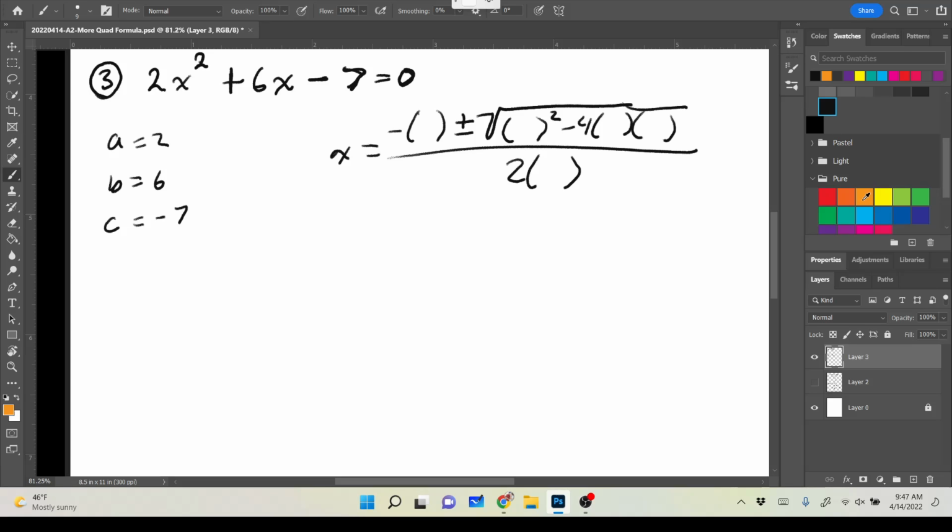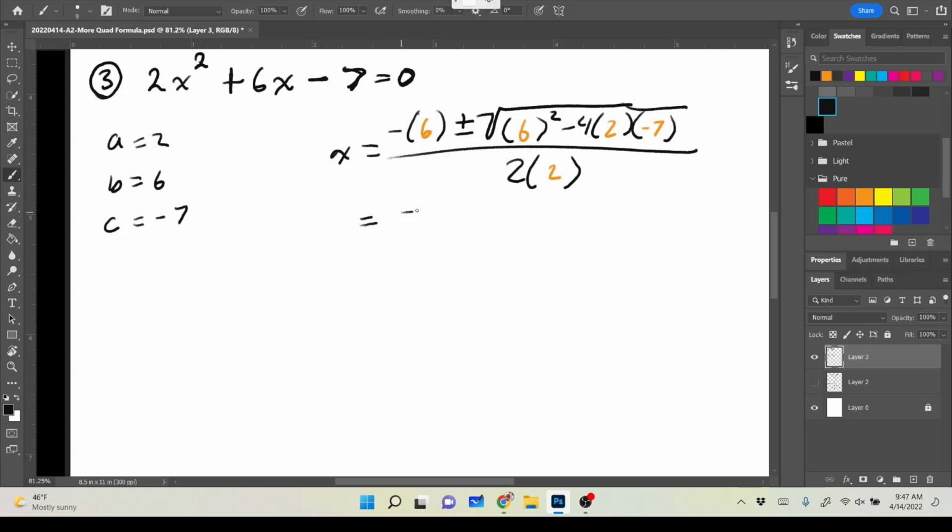So then we're going to go ahead and plug in our numbers. So we're going to plug in 6 right here, 6 right here, a 2 right here, a -7 right here, and a 2 right there. Cool. Right? Now, so then we're going to walk through and find our answers.